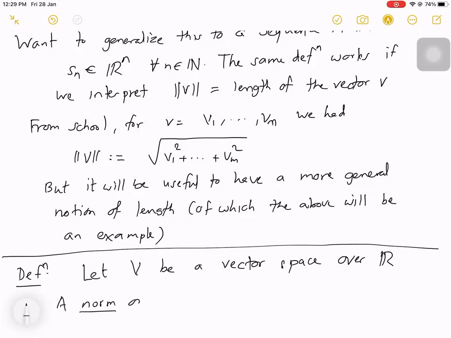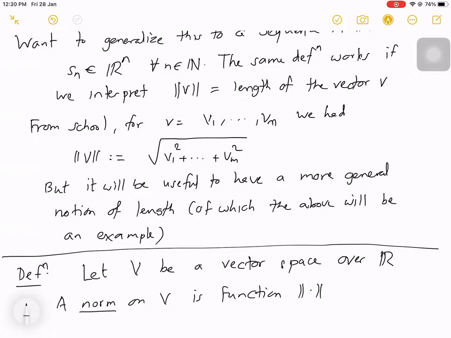A norm on V is a length function. So this has to be a function from the vector space to the set of real numbers, but it's a length, so we want our length to be never negative, right? So this is a function, and this function is going to be called this.